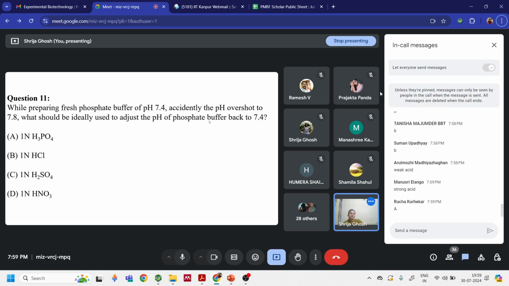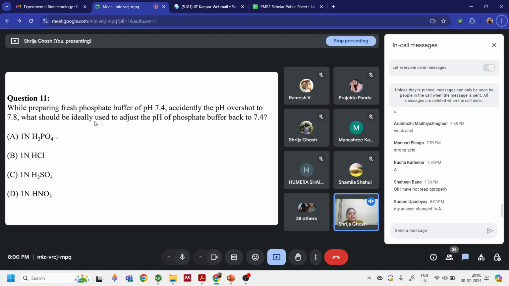I've just now explained how a buffer system works, right? I gave you an example of acetate buffer. So now I think everyone understood the question. For making acetate buffer, what acid was I using? I was using acetic acid.